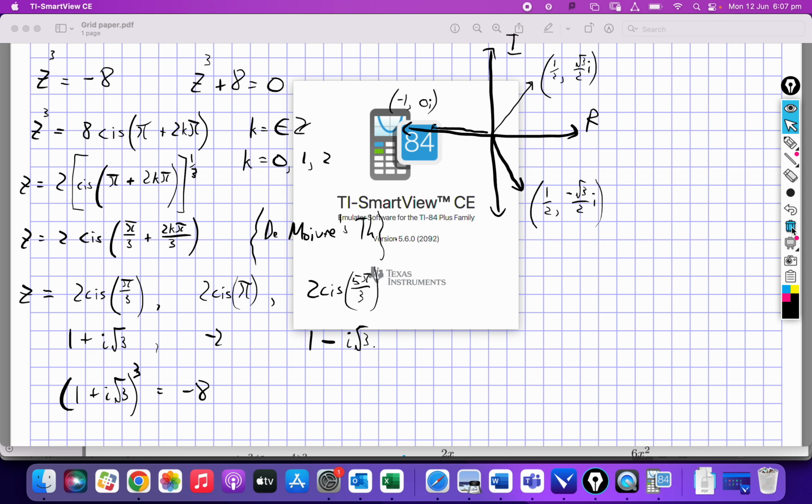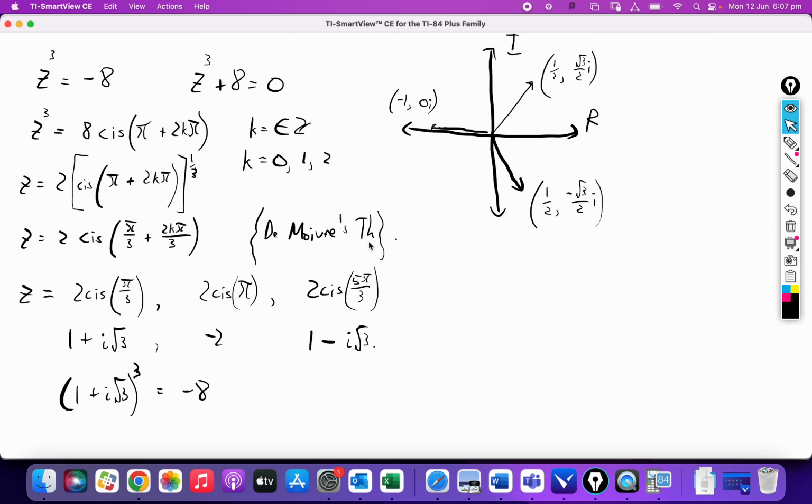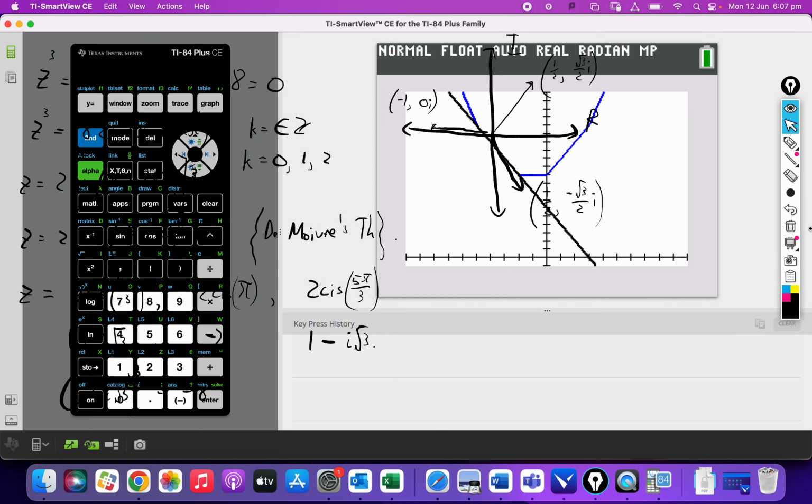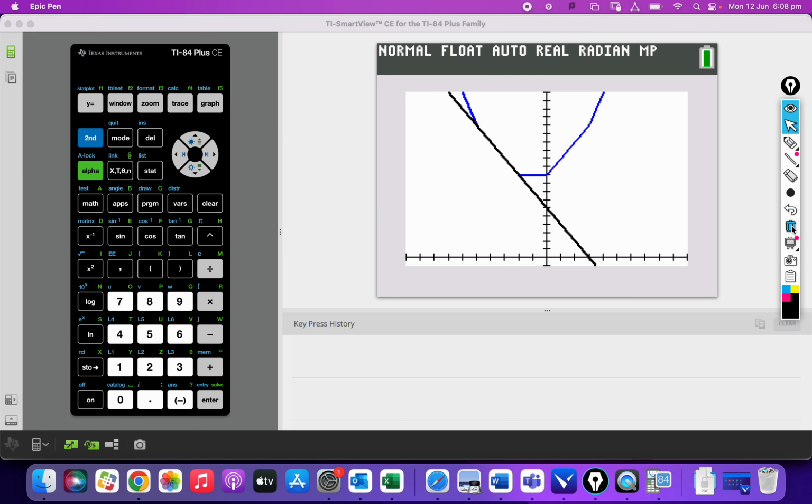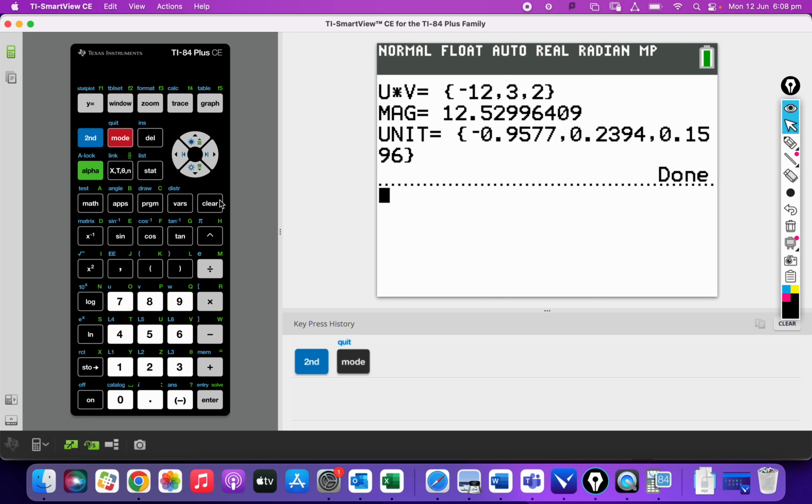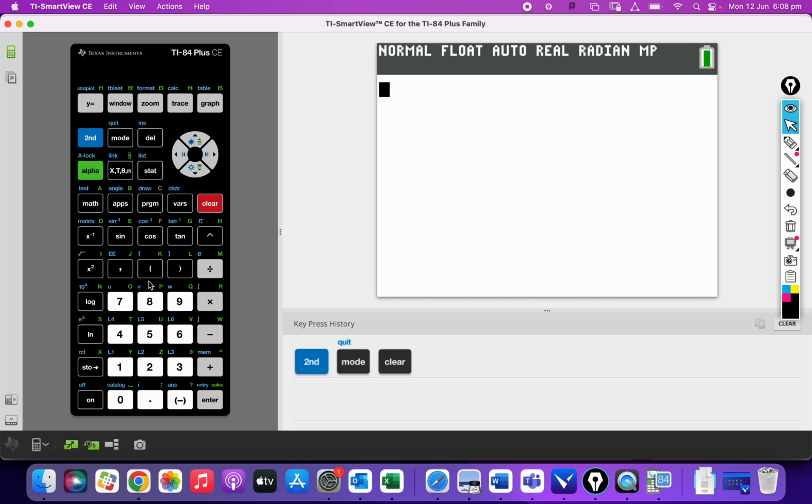Cube that solution and you will get -8. No, it doesn't seem to be happy. Oh no, it is working. Haven't used this for a while, since we did vectors, it would seem.